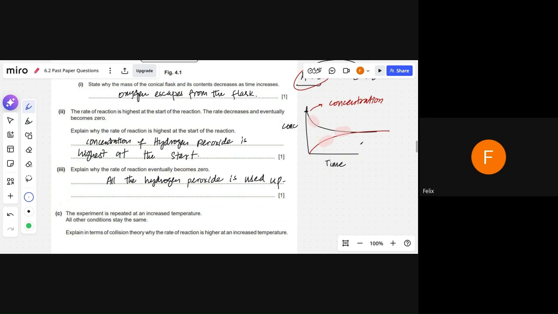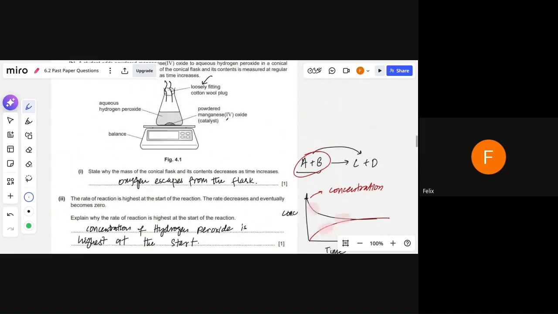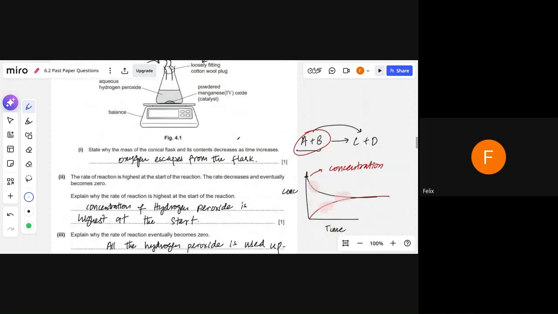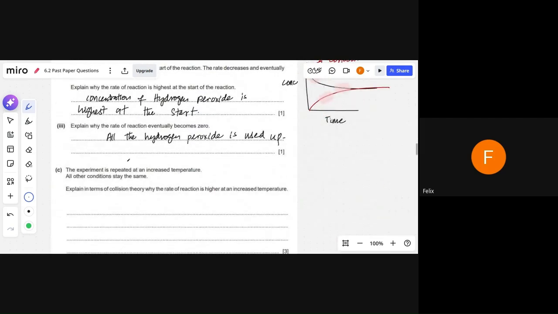And for a reaction to achieve equilibrium, it must be sealed. It must be a closed system. So all the contents of the reaction must remain in the system in which that reaction is taking place. So I hope this is clear, and we move on to the next part. That's why I'm writing all the hydrogen peroxide is used up.